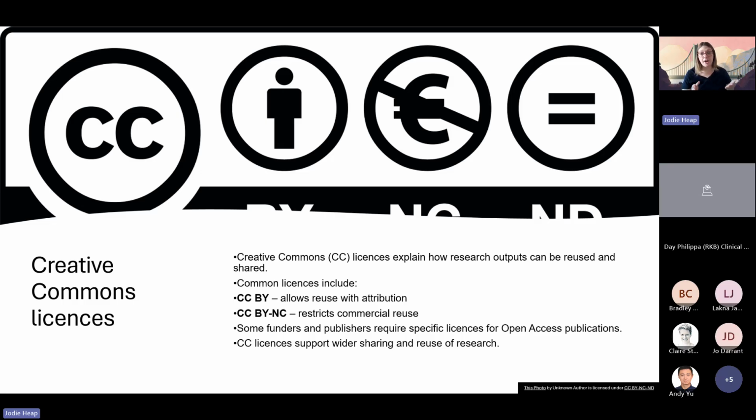There are more restrictive licenses available, such as CC BY non-commercial NC, which basically says the public can do what they like with this. However, if you are a commercial entity, no, you may not. And some people do prefer that option. And again, it's a unique situation.